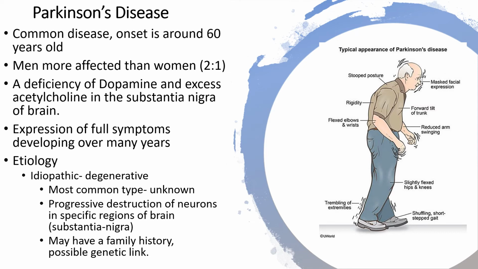Typically, Parkinson's occurs around the age of 60 or older, with men being more commonly affected than women. And it's felt to be a deficiency of dopamine and an excess of acetylcholine in the substantia nigra. Okay? And remember that because that's where the medications are going to be aimed, either increasing dopamine or reducing acetylcholine to help with the symptoms.